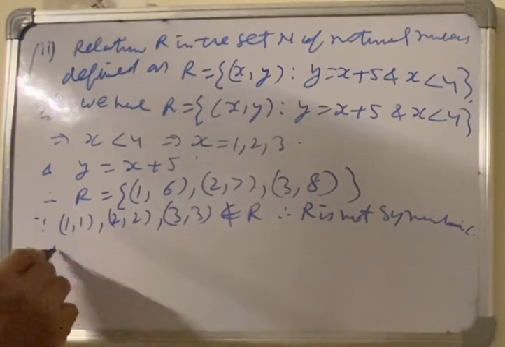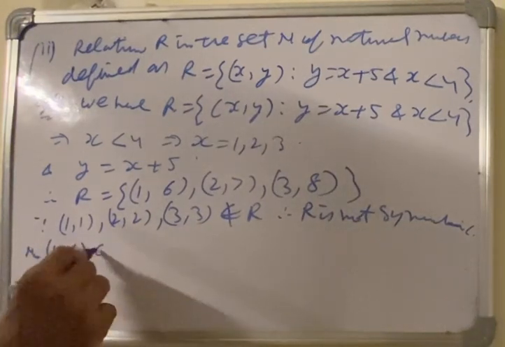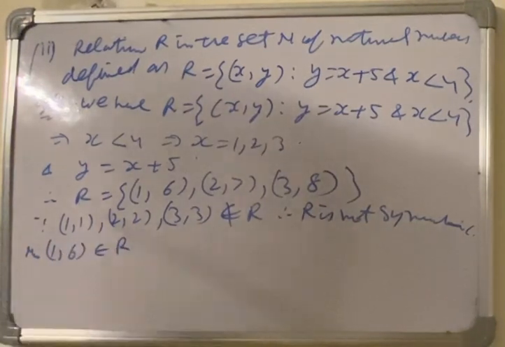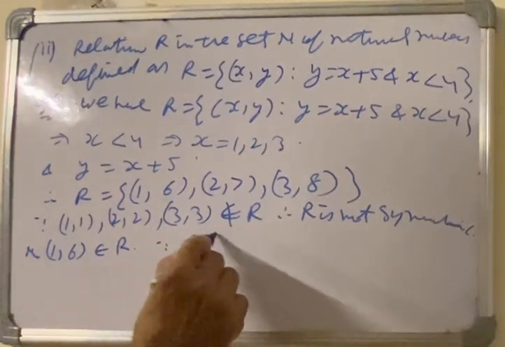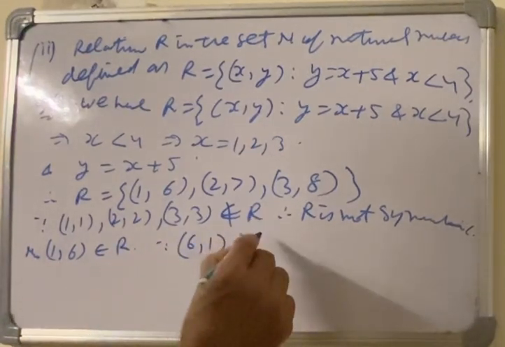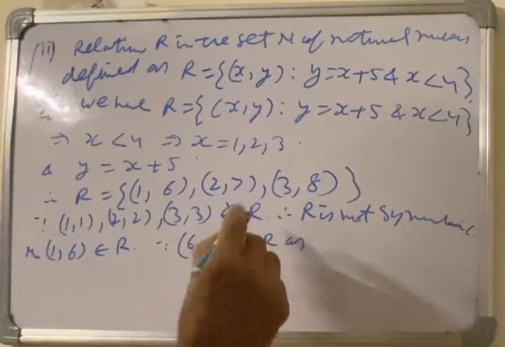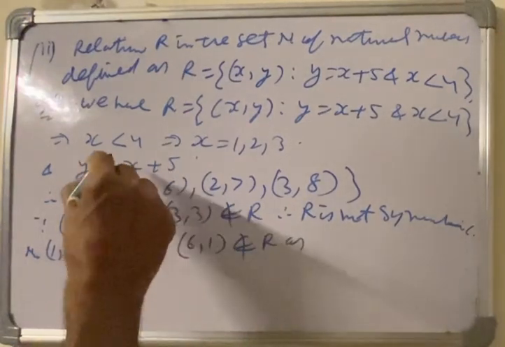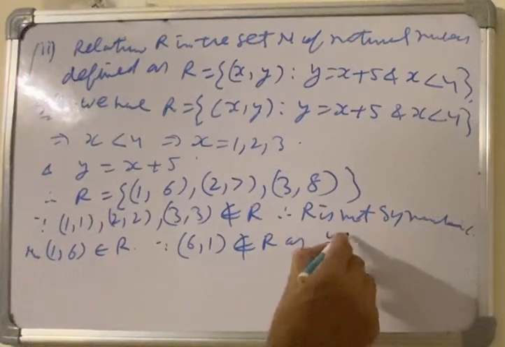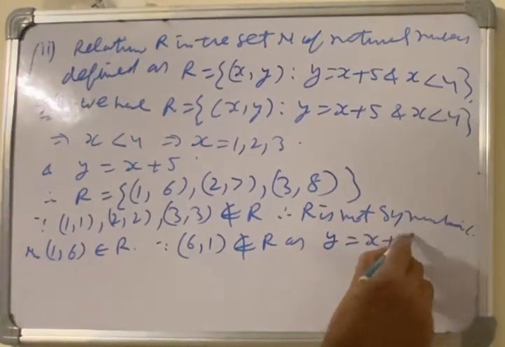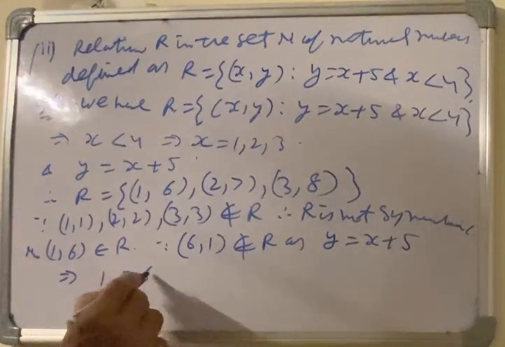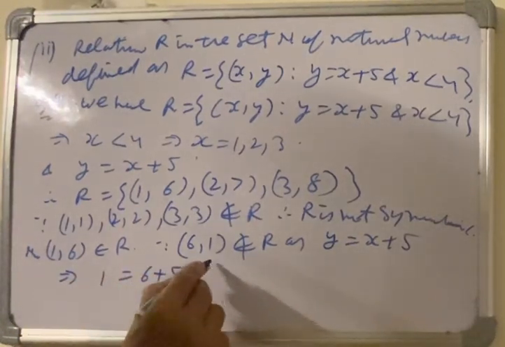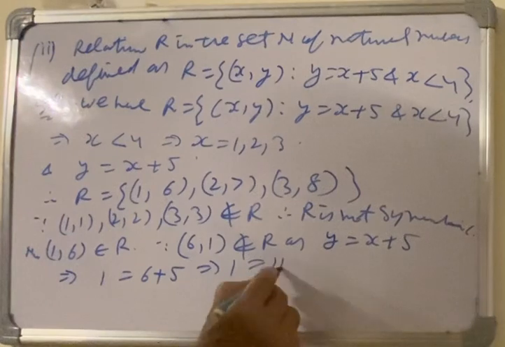Now (1, 6) belongs to R. Since (6, 1) does not belong to R. Why? As we can put these values in y is equal to x plus 5, meaning 1 is equal to 6 plus 5, that is 1 equal to 11, which is not true.